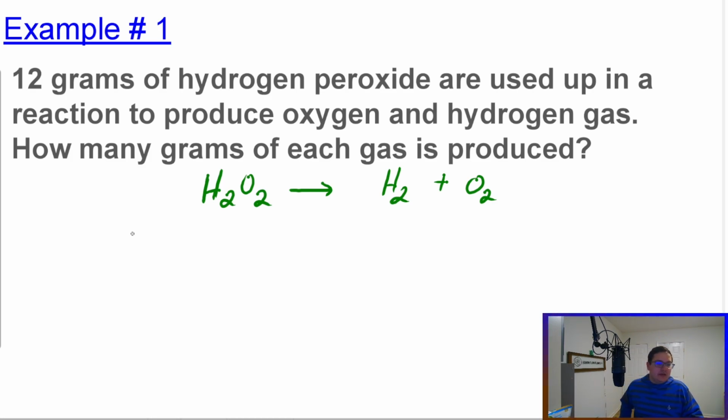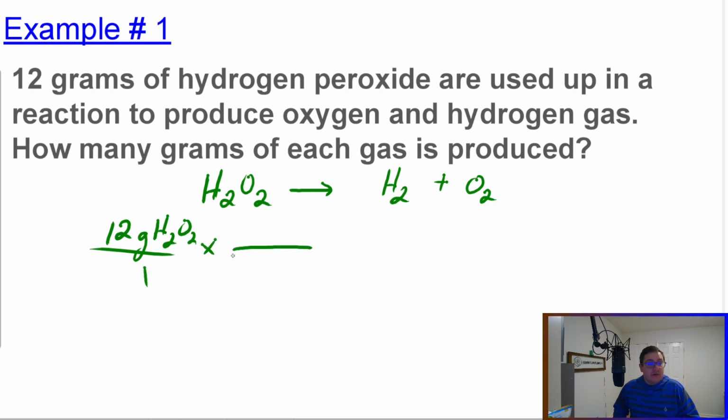So we should be pros at this point, so I'm going to zoom just a little bit. If I start off with 12 grams of hydrogen peroxide, and then we go into grams of hydrogen, let's just do it out. The equation's already balanced anyways.